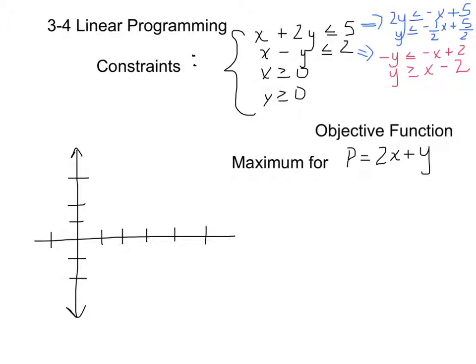So I'll start the first one at 2.5, and I'm just going to go down 1 over 2, down 1 over 2, until you get enough to make the line.